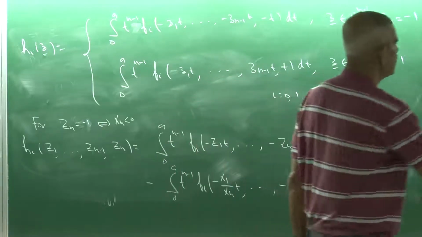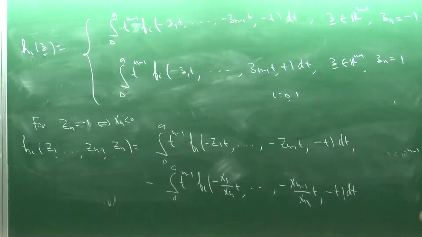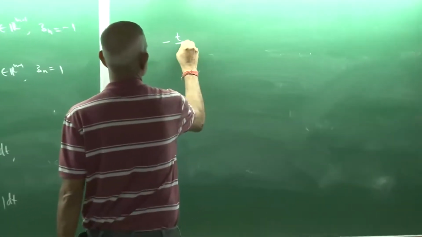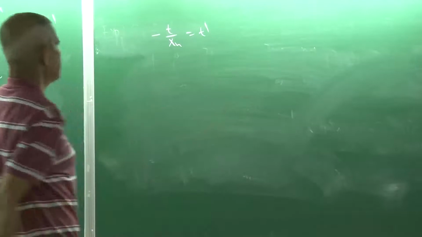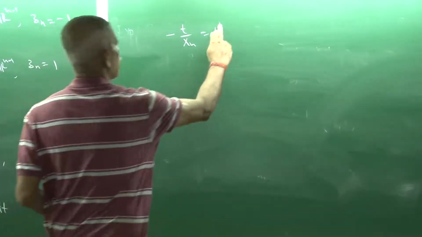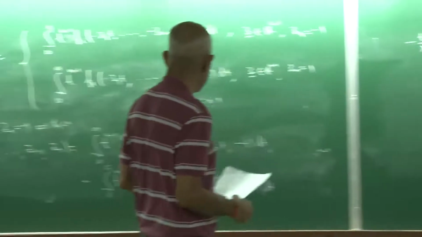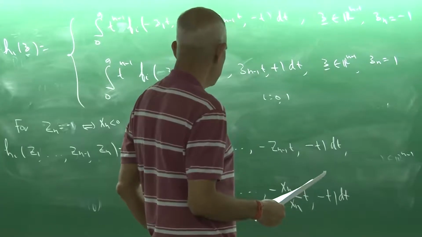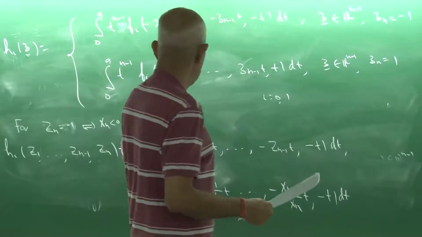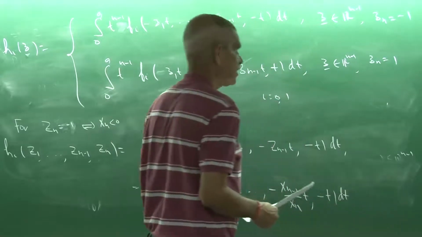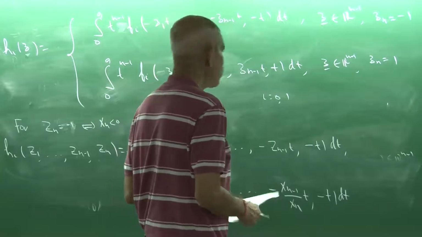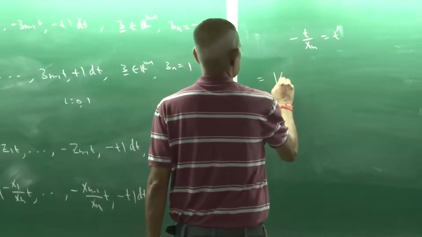So what I do here, xn is negative, so I make the transformation minus t upon xn as t prime. Again I'll replace t prime by t. So dt becomes t times xn, so one xn would come with a modulus sign, and this would become modulus of xn to the power n.